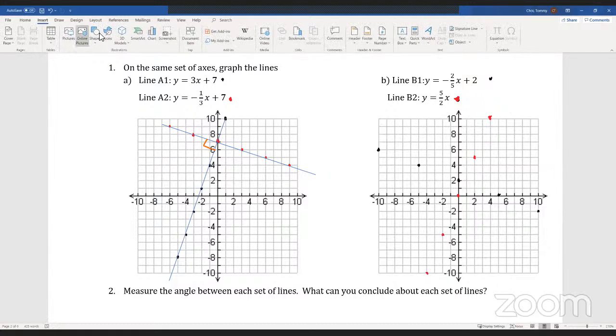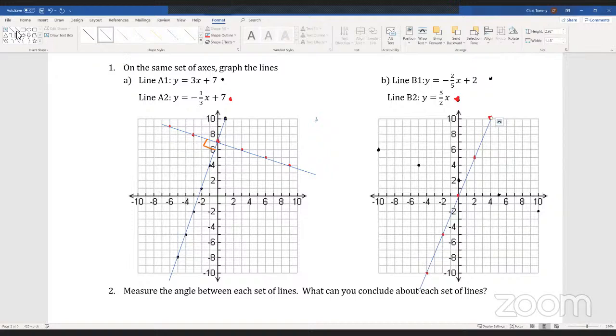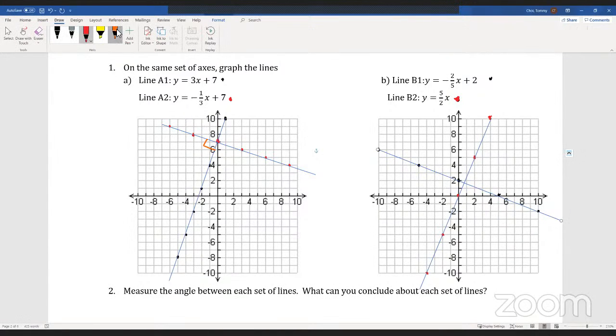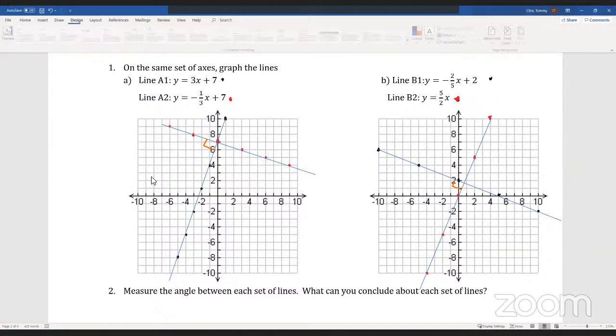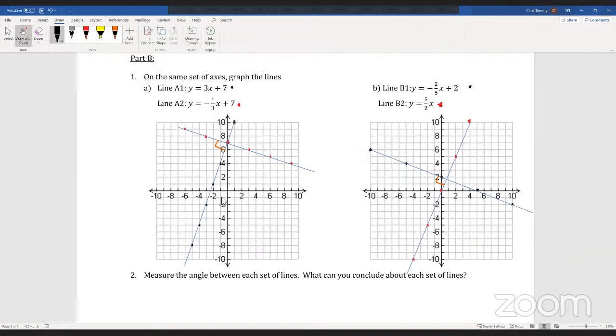And if we were to connect these lines once again, we get 2 lines that do this. And we get 90 degrees there as well. And so if we measure the angles of the 2 lines, well, we get 90 degrees.